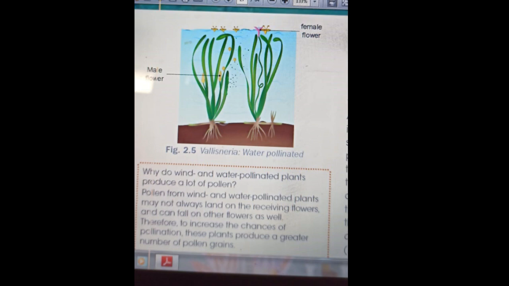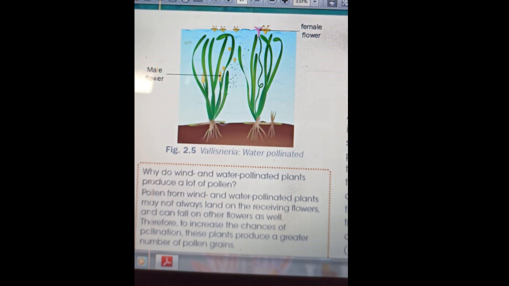And now, there is a question: why do wind and water pollinated plants produce a lot of pollen? If you look at the characteristic features, you will observe that lots of pollen is produced in those types of plants which are air or water pollinated.